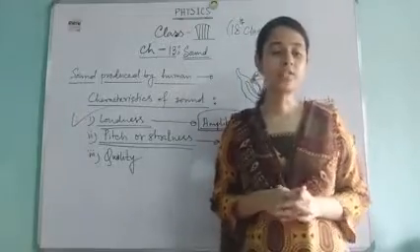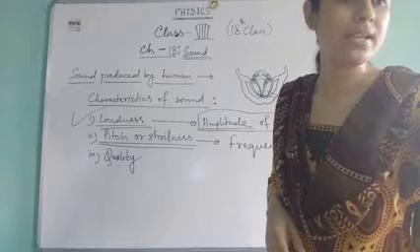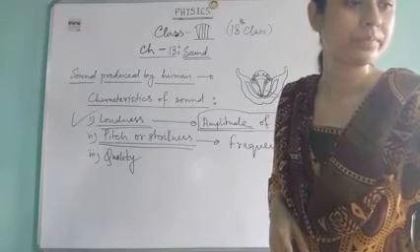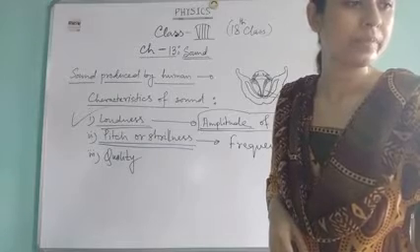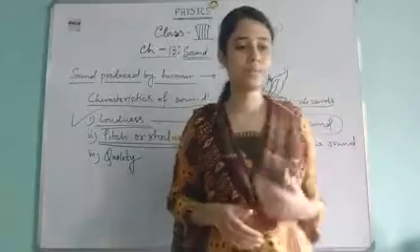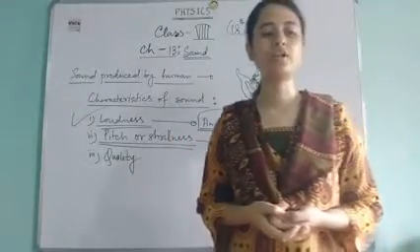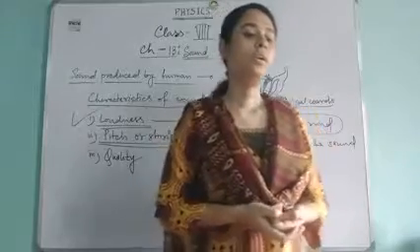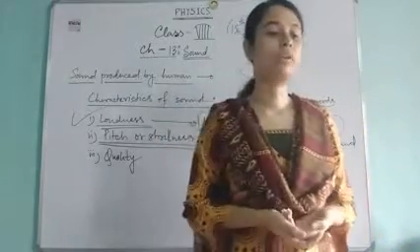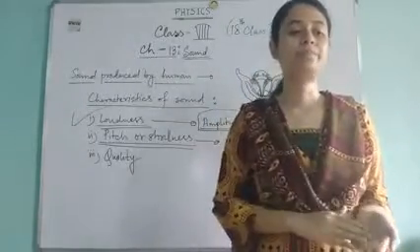So that's why what you have come to know on page number 163 in the yellow box, that men have vocal cords which are about 20 millimeter long, which is longer than the vocal cords of a woman.